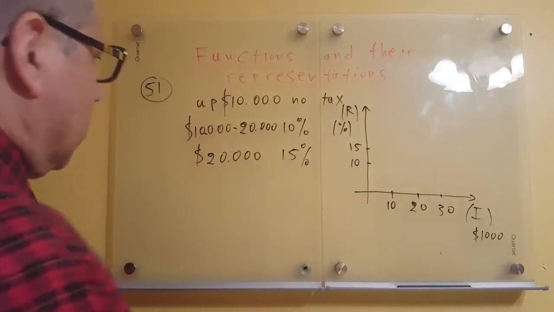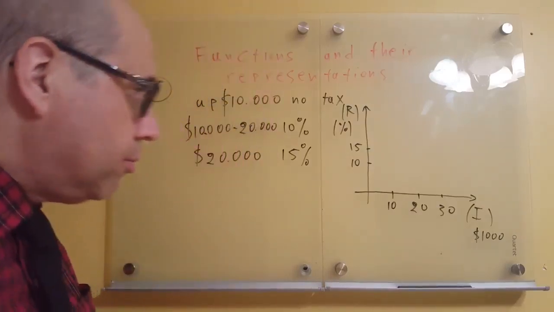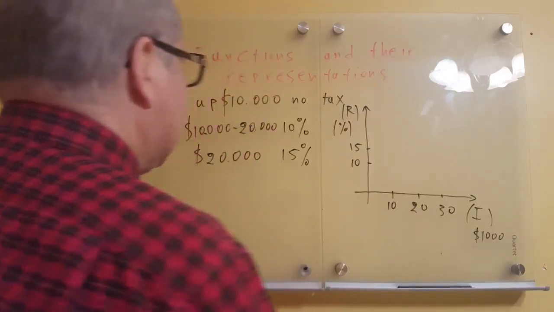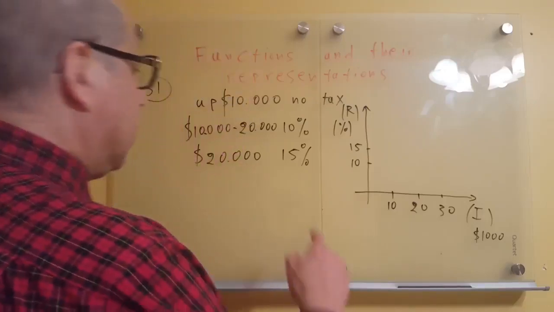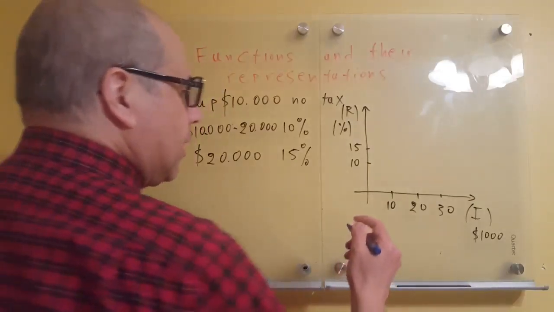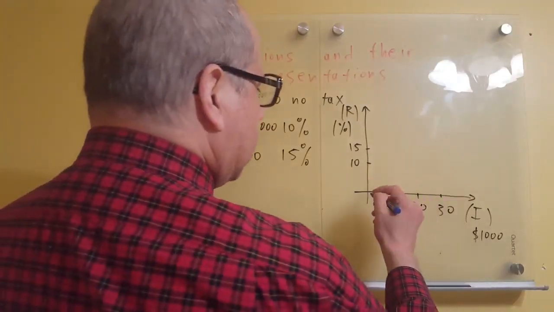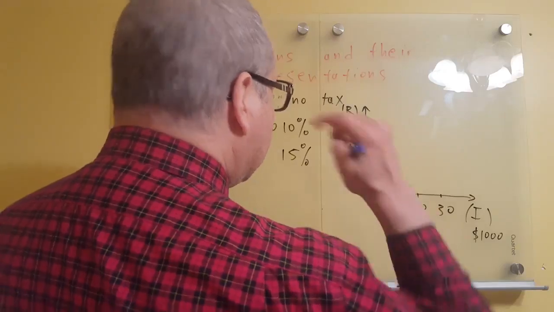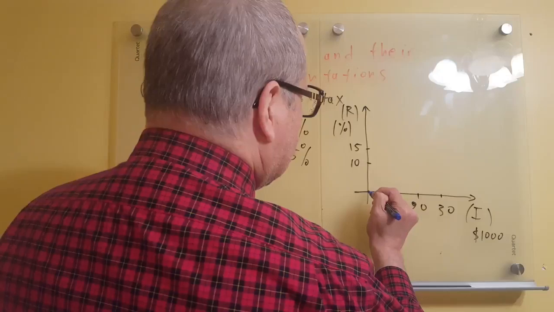So what's the graph? It should be like this. Up to 10,000 there is no tax, so that means it's zero tax. From here to here we have zero tax. So the graph goes like this.